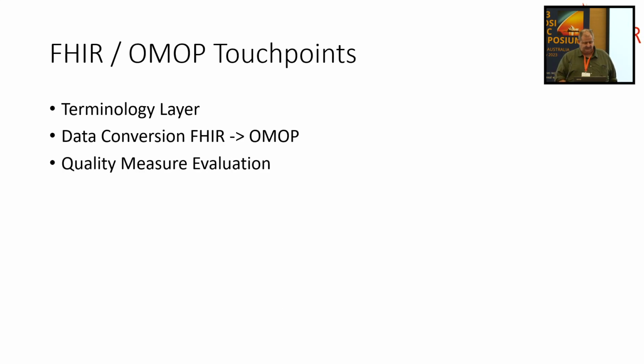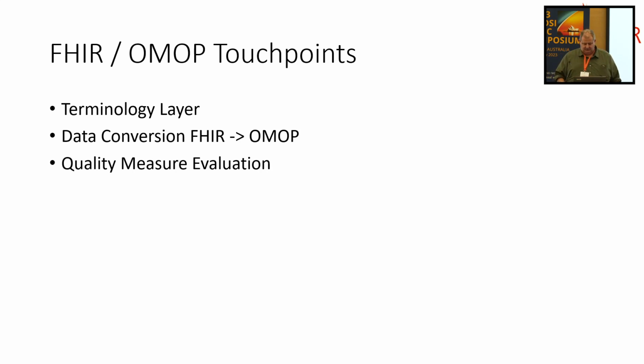Okay. So there are 3 touch points between FHIR and OMOP. One is around the terminology layer, the vocabulary management, the concept table. Another is that it's a pretty common thing and will become more common to take FHIR data, operational healthcare data, that will be how you get that, and convert it to your analytical data, and then around quality measure evaluation.